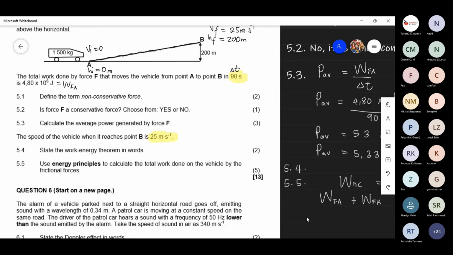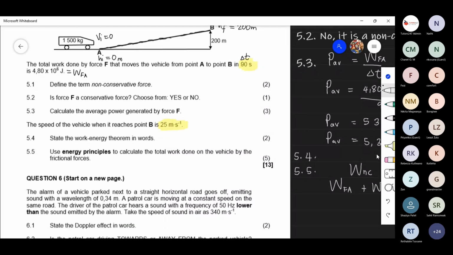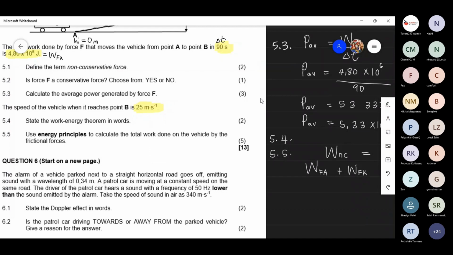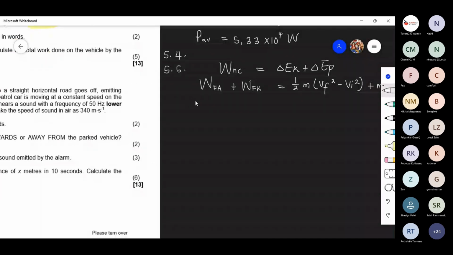It was stated in our question that the work done by applied force is 4.8 times 10 to the power 6 joules. So we substitute that in. Because our goal is to calculate the work done by our kinetic frictional force, we are going to keep that as WFK.